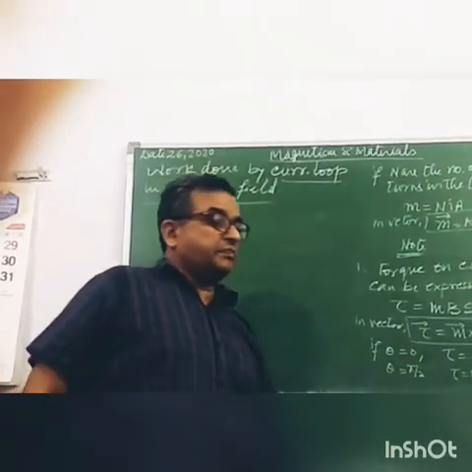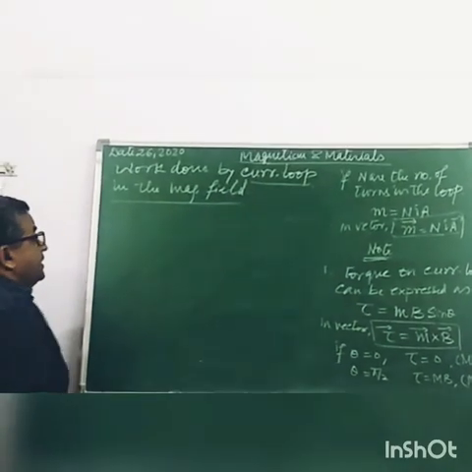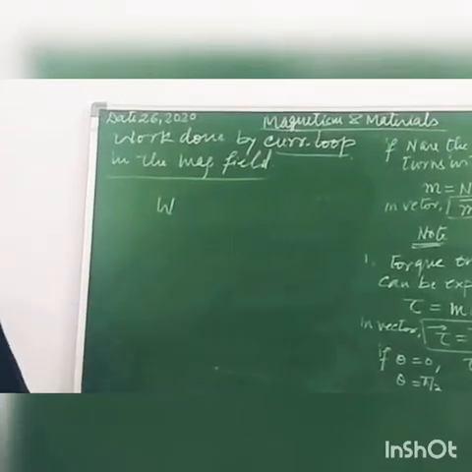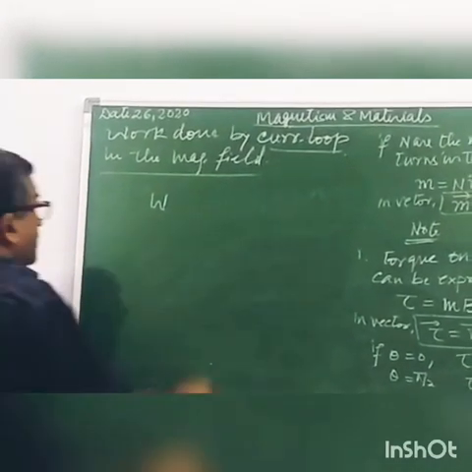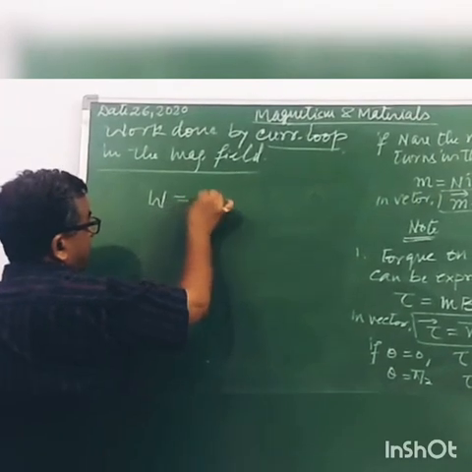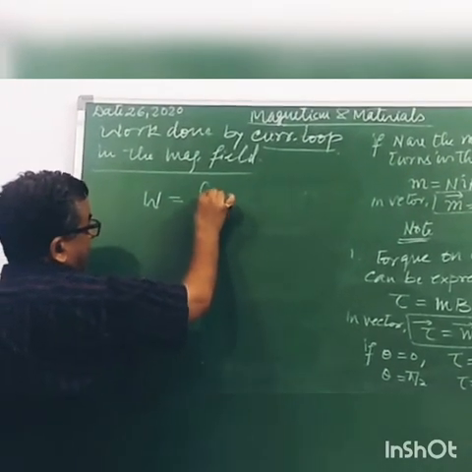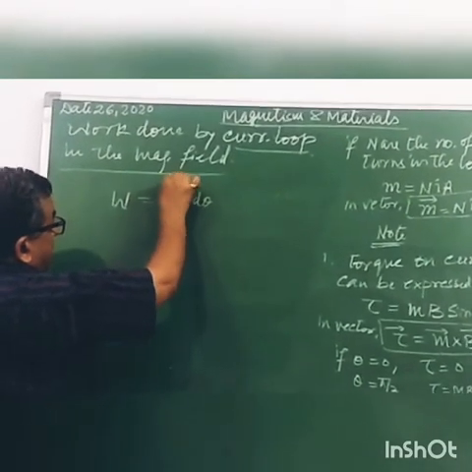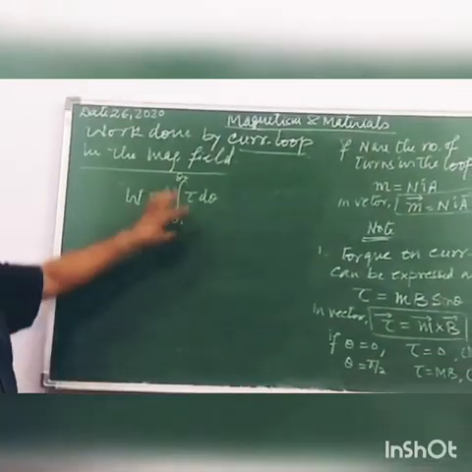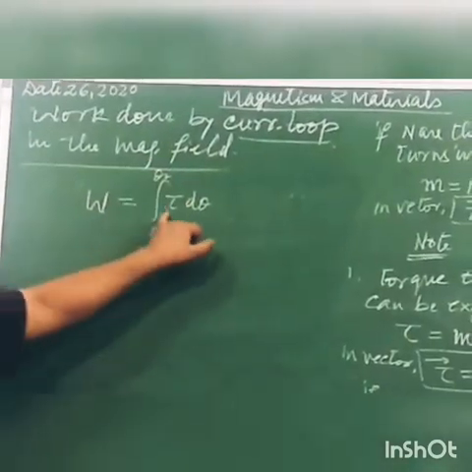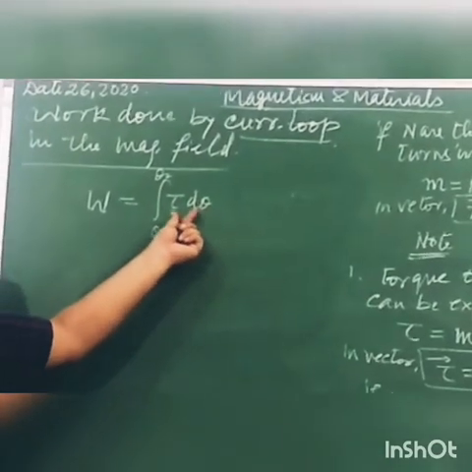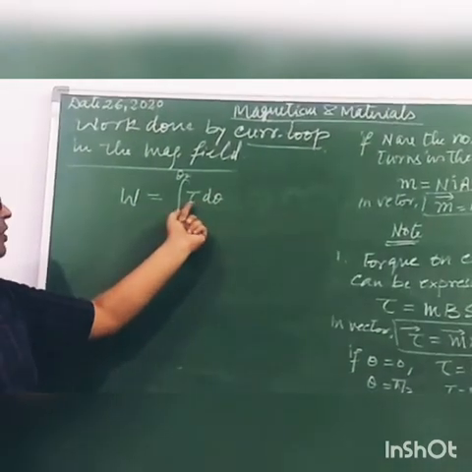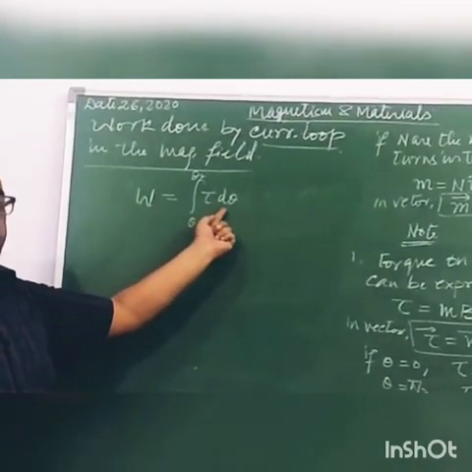So the work done is expressed as W equals tau d theta. This work done means the work done in rotating through a small angle d theta.